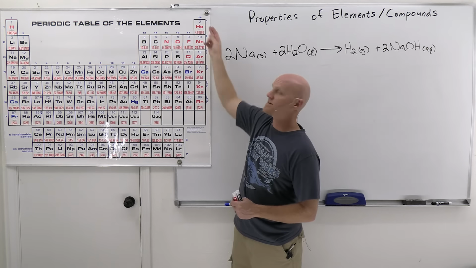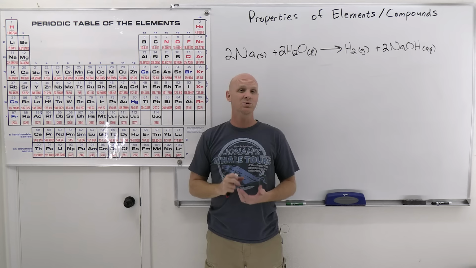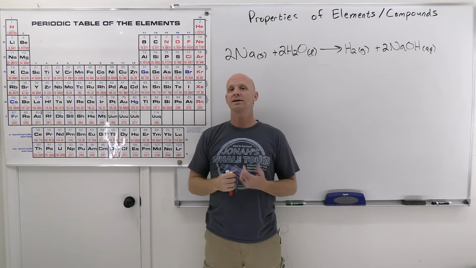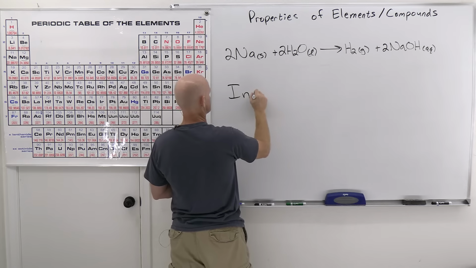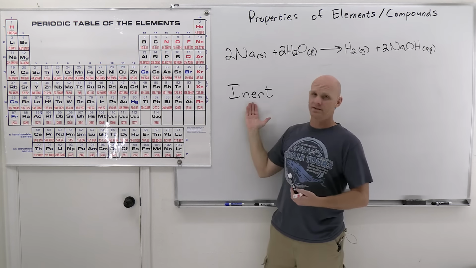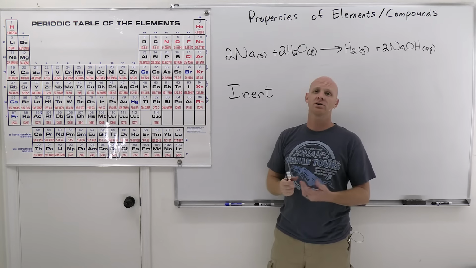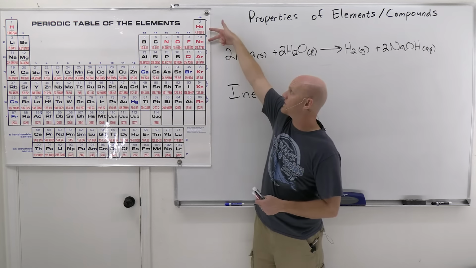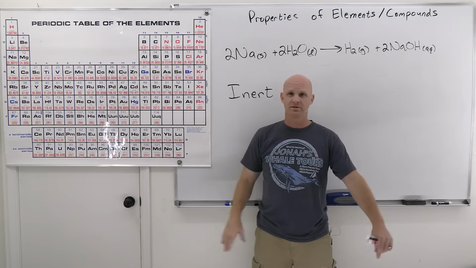Cool, so move to the other side of the table here, and I'm going to skip over to the noble gases, and the big thing you should know about the noble gases is that they don't do much. They're known for being chemically inert. Let me put that word on the board. So chemically inert, and this just means chemically unreactive. So there are very few chemical reactions that will ever involve a noble gas. And it turns out for the small ones like helium and neon, they don't do any chemical reactions at all. No chemical reactivity whatsoever.